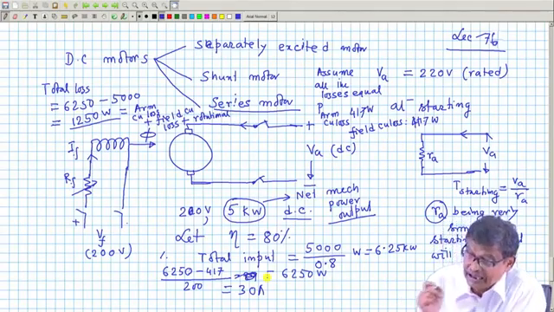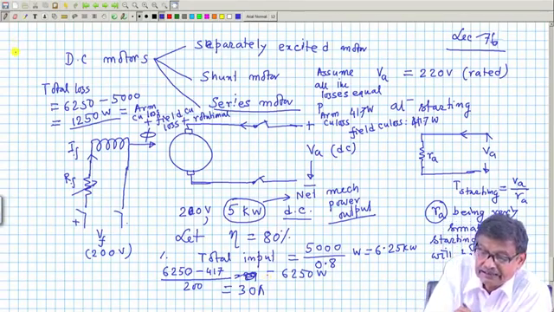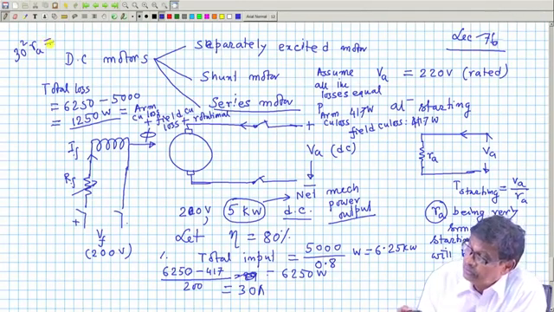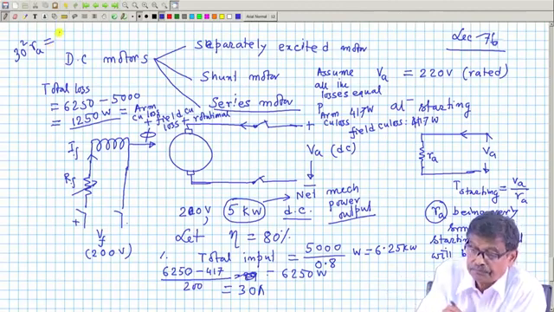Then Ia square into Ra is equal to 417 watt.